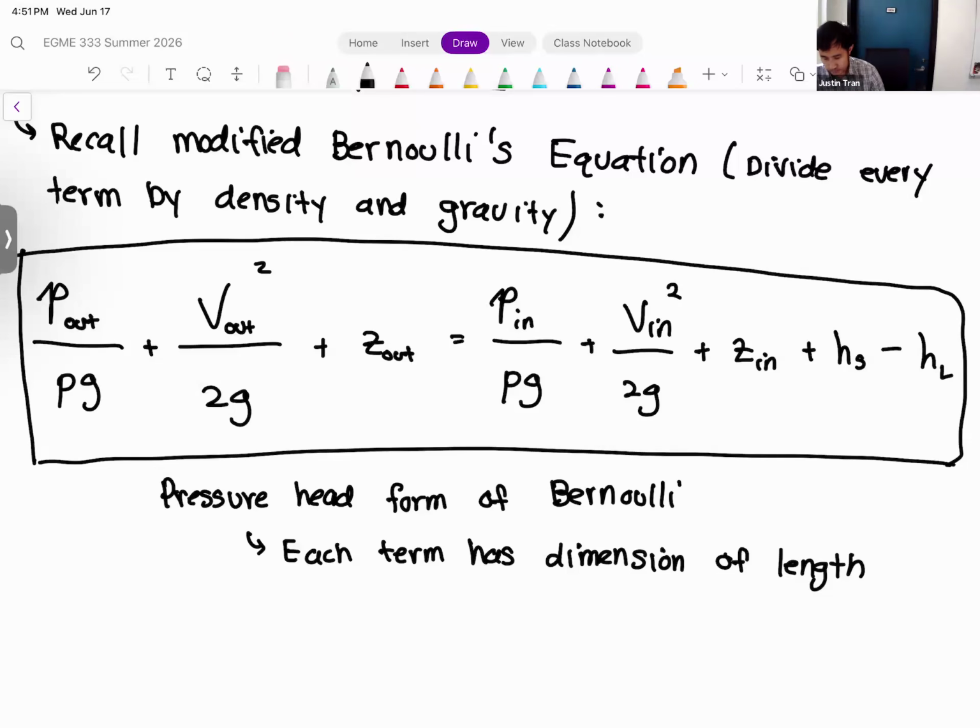And there's actually a reason for that. It goes all the way back to manometry, if you can believe it. But another way to interpret the dimensions of this equation is that every term here has units of energy divided by weight, which, strangely enough, if you work out the dimensions of energy per weight, you just get length.